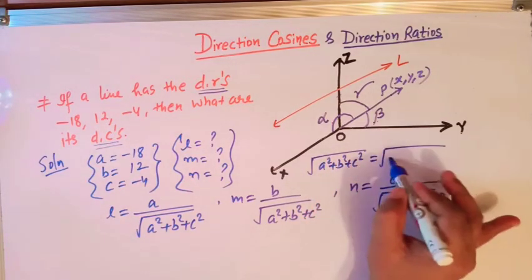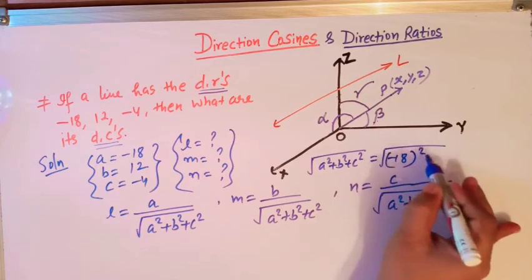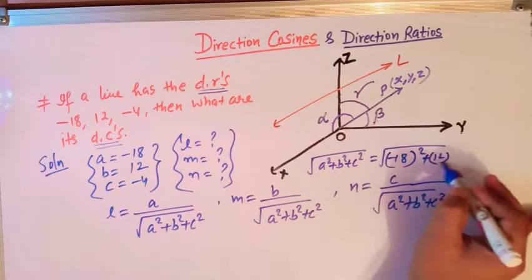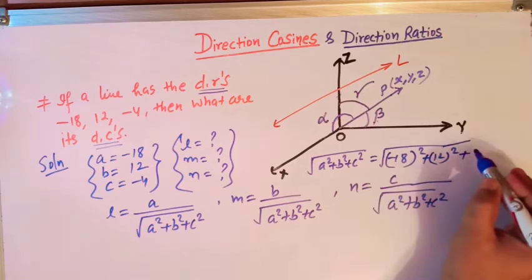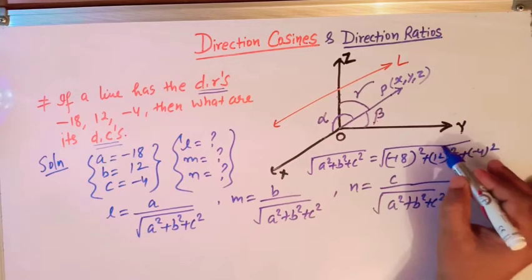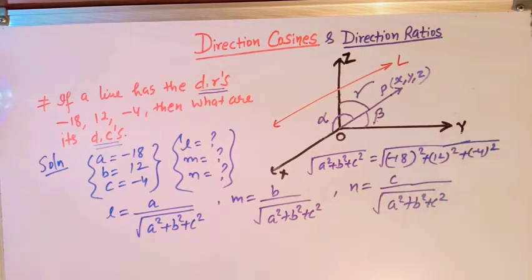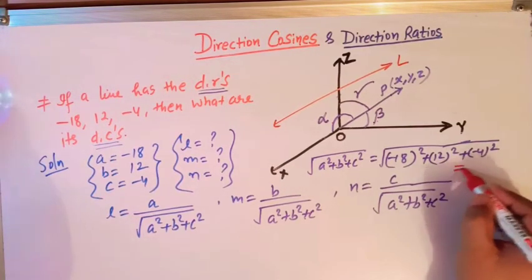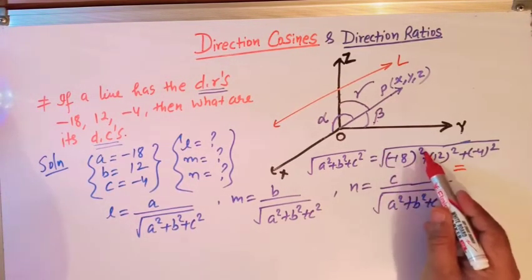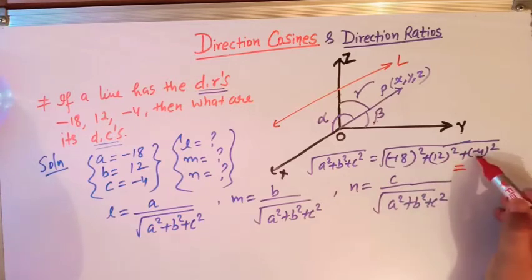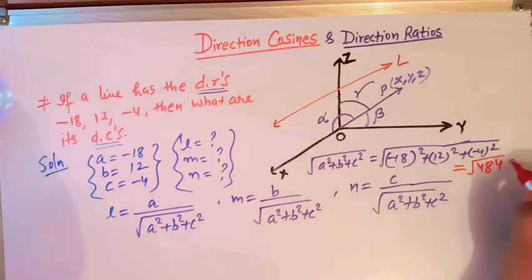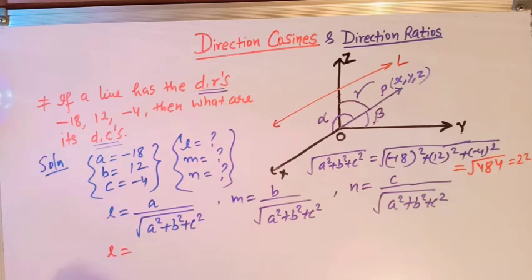So we have minus 18 square, then we have 12 square, and then we have minus 4 square, right? Now square root of minus 18 square plus 12 square plus minus 4 square is square root of 484, that is 22, right?